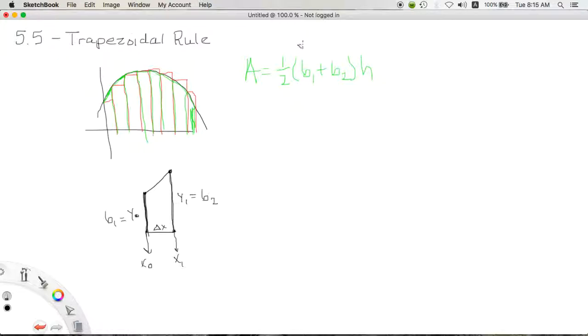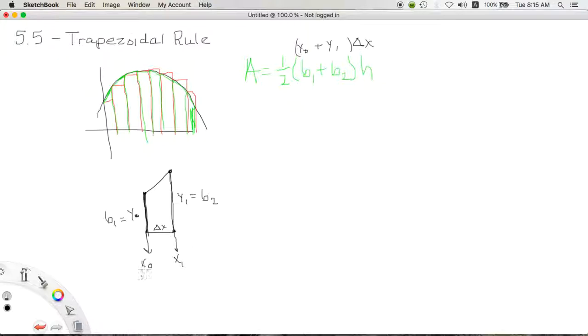So we've got our y values and our delta x. So the key thing to remember about this is the fact that your trapezoid is kind of turned on its side. Now, in your book, you have the formula written out on page 290. They derive it all for you. But I'm just going to give it to you.